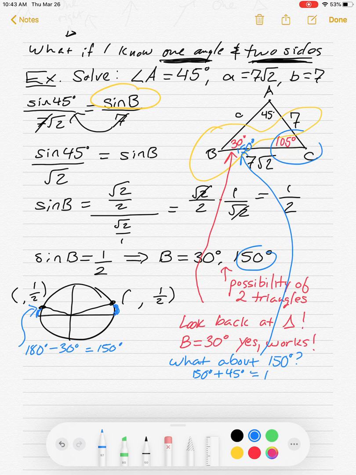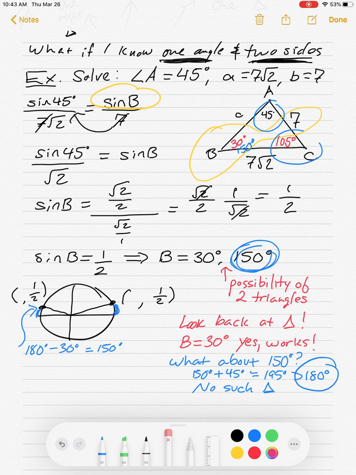So that sum already exceeds 180 degrees. So in this case, there would be no such triangle, okay? Because the 150 degrees plus the given angle, 45 degrees, exceeds 180 degrees. It's impossible. So in this case, let me see if I can clean some of this up.